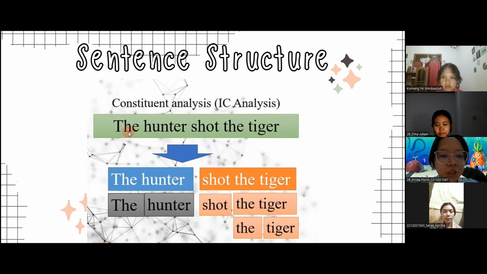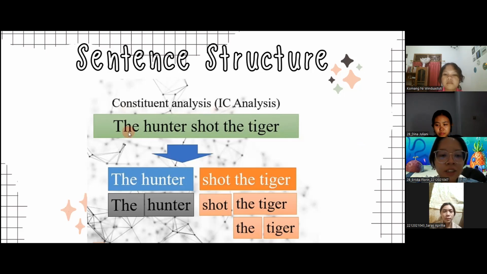And then we have shot the tiger that can be divided into shot and the tiger. Shot is the verb and the tiger is the noun phrase. And for the tiger, we can divide it into two sections: the and tiger. The is determiner and tiger is the noun. So that is all about the constituent analysis.